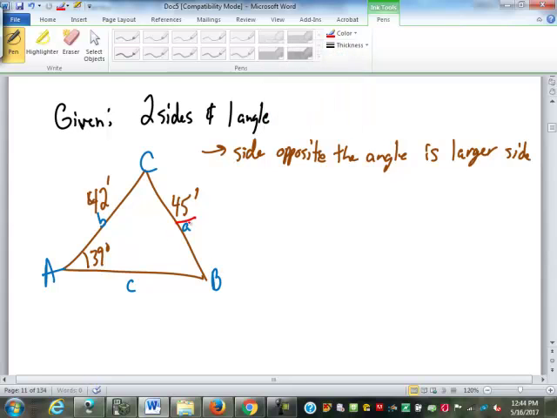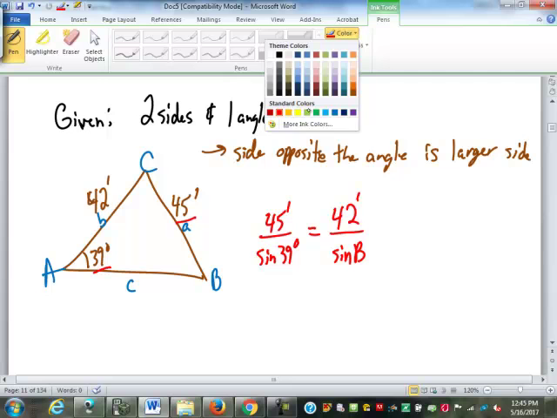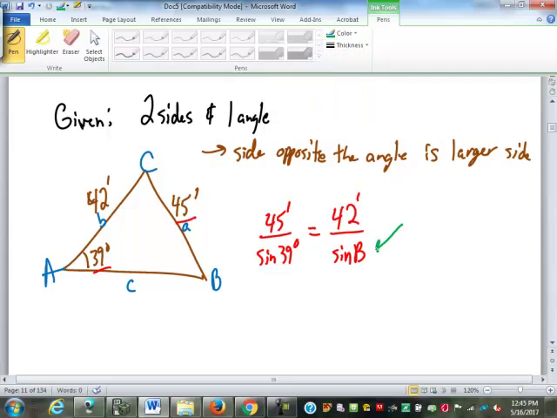We do have a side in its opposite angle, the 45 across from the 39. So 45 over the sine of 39 degrees equals, I have the 42 as my only other piece of information. It's a side, so we put it on top. What's it go over? Sine of B. Now we are looking for an angle here.